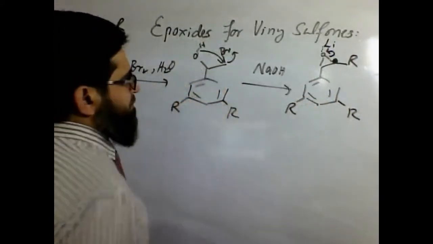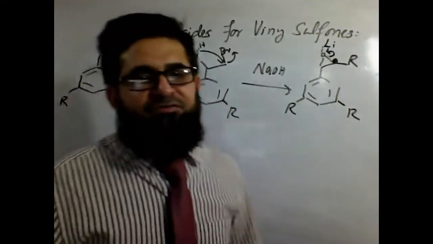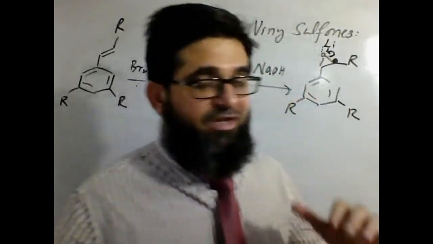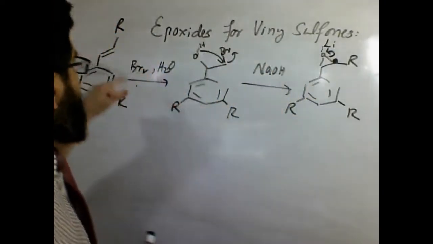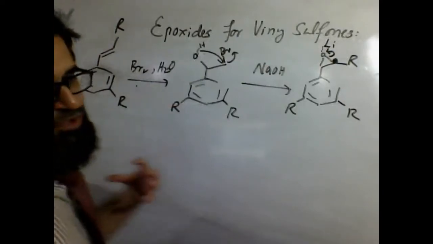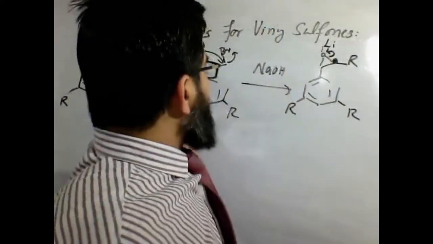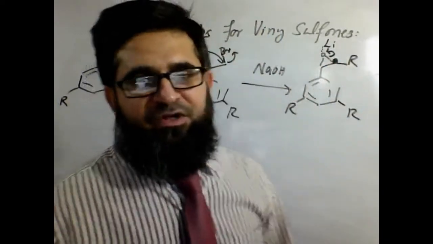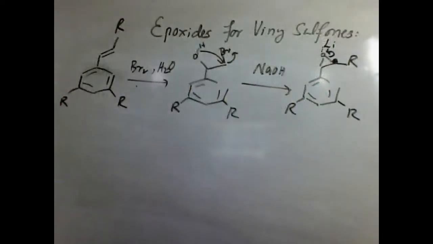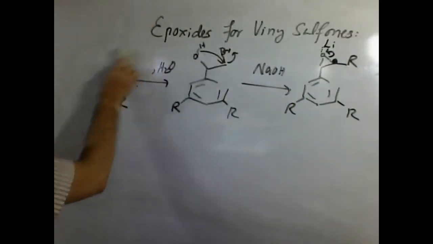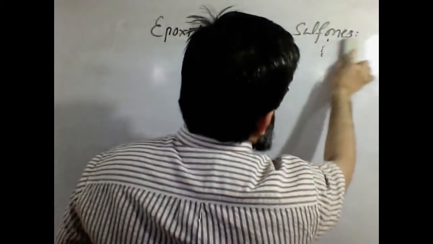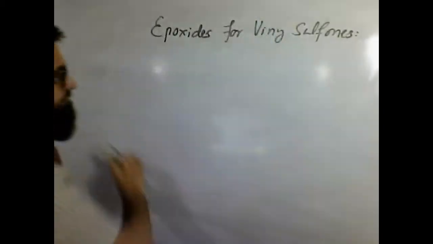So those could be simpler vinyl sulfones, or they could be bulky vinyl sulfones, depending upon the starting species, whether it is a substituted one or an unsubstituted one. So it will lead to the formation of the same sort of vinyl sulfones. So this is about this method, which is frequently used for the preparation of epoxides.